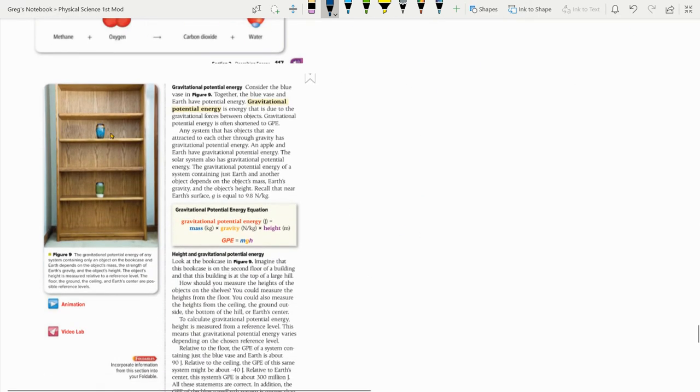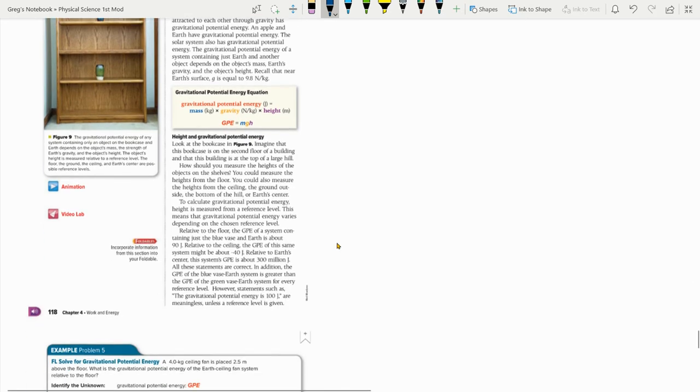Then we have gravitational potential energy. These two objects are different colors, but they're the same type of object. This one has more gravitational potential energy because it has more height. Gravitational potential energy is mass times gravity times height.